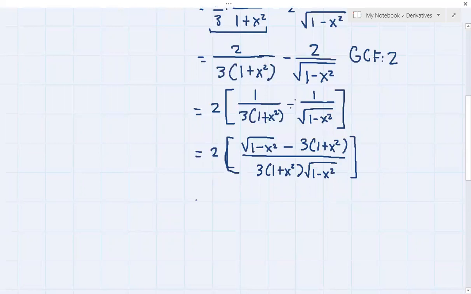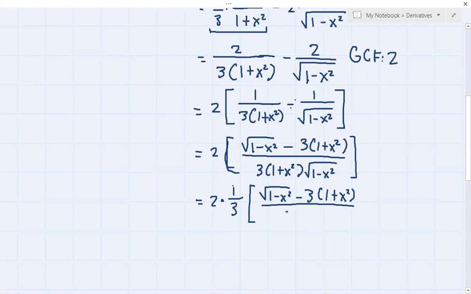So what happens pag na-factor out natin siya ng 1/3? So magiging 2 times 1/3 times quantity square root of 1 minus x squared minus 3 times quantity 1 plus x squared all over quantity 1 plus x squared times the square root of 1 minus x squared.